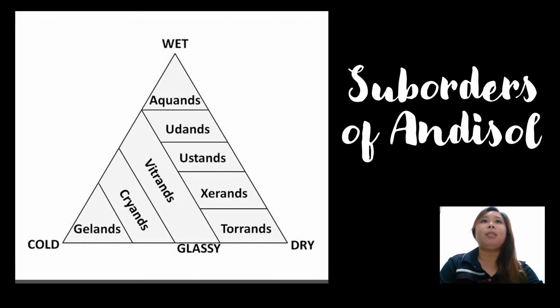And vitrands, those are soils that are well drained, that are coarse textured, and are dominated by glass. And last but not the least are the xerands. These soils are found in warm areas having dry summers and cool and moist winters.